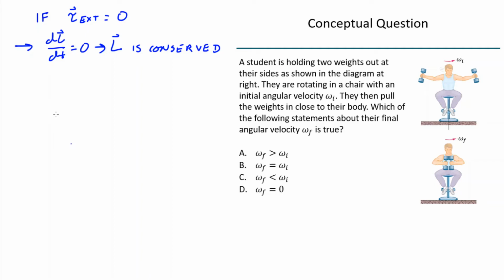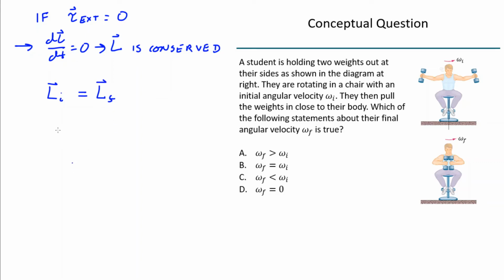Okay, so first of all, as the student spins around in the chair, as long as there's no friction in the bearings of the chair, they're spinning around frictionlessly, there will be no external torque on this system of the student with the weights. They'll just spin around without an external torque, so angular momentum should be conserved. That means that L initial should equal L final. That's all angular momentum conservation means.